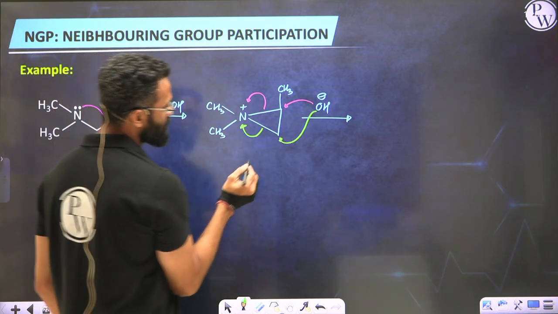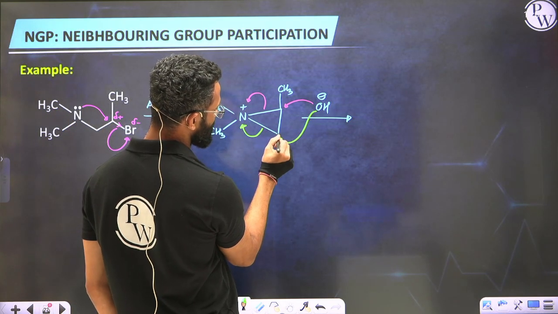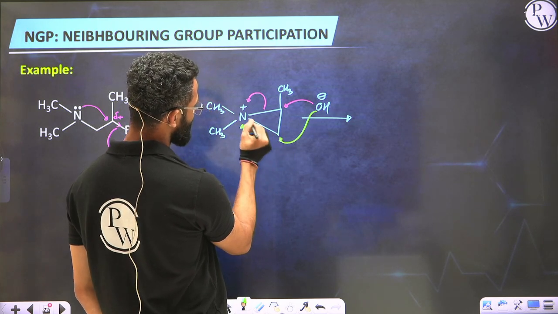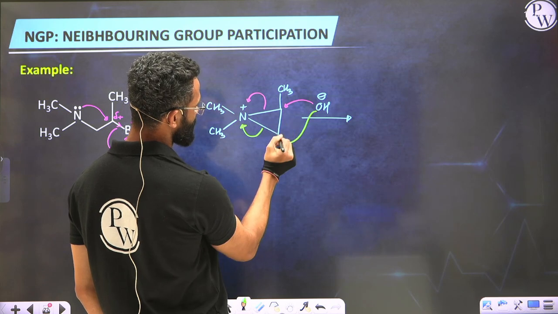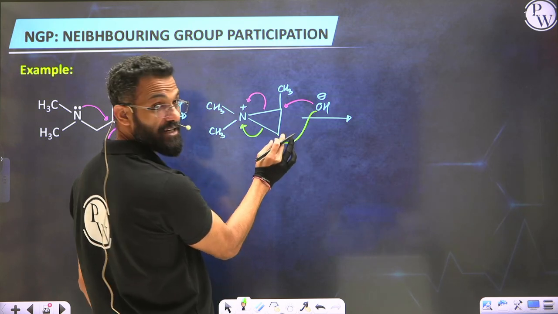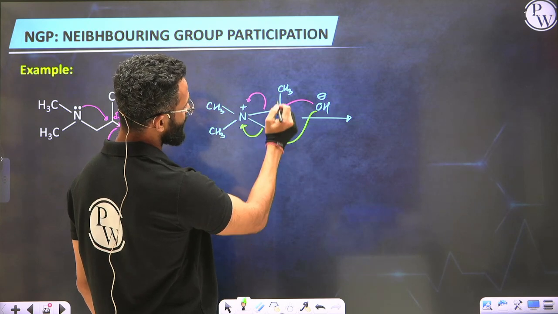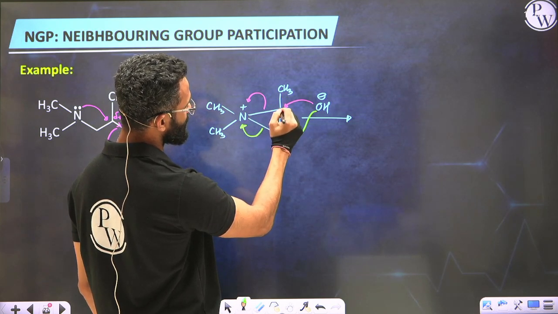So this carbon, you can see, is relatively less substituted because two valencies are satisfied by nitrogen and carbon, remaining two are just hydrogen. So this is less sterically hindered. But this carbon is connected to carbon, then nitrogen and methyl. So this is the more sterically hindered carbon.